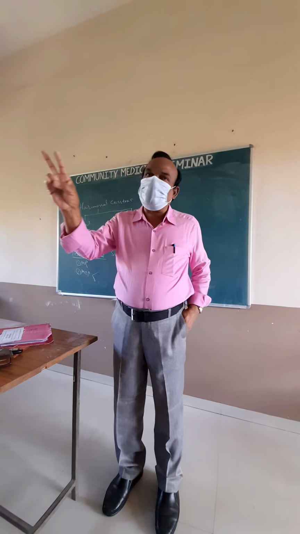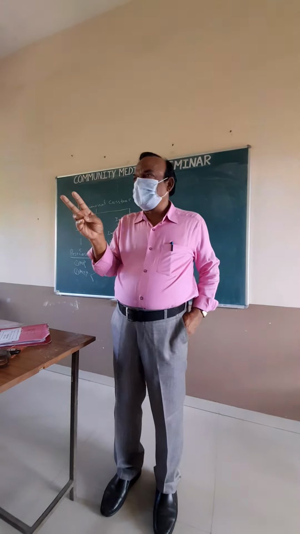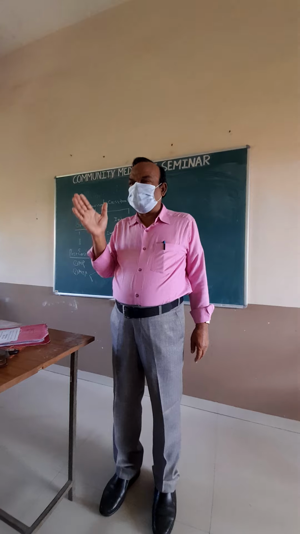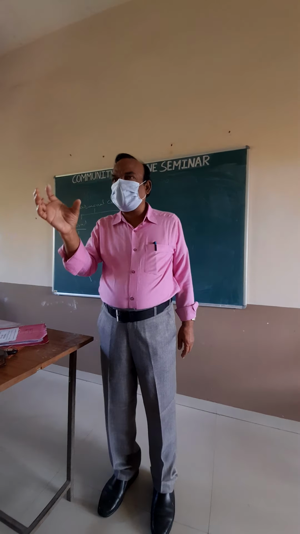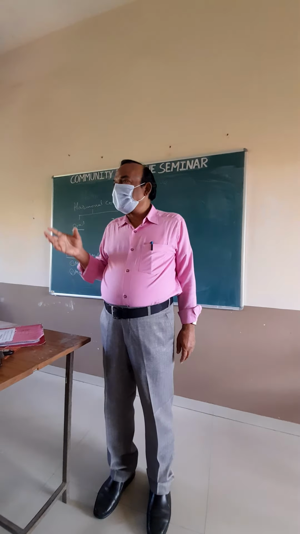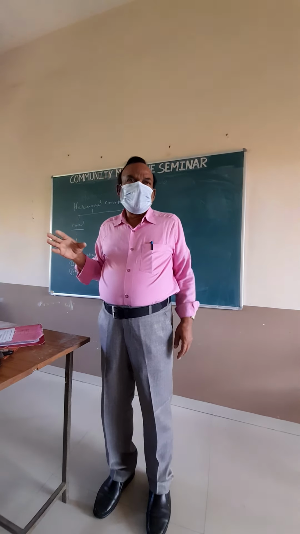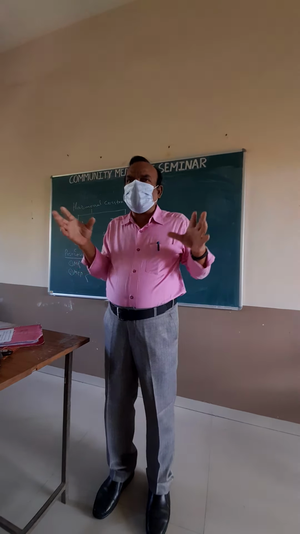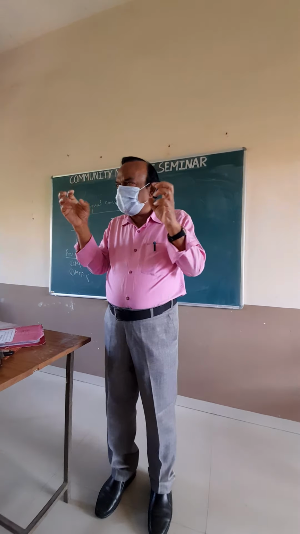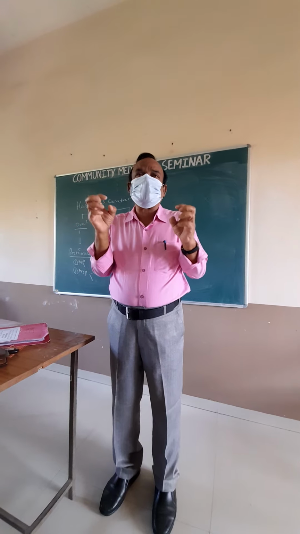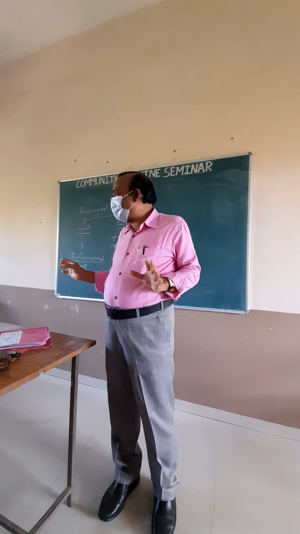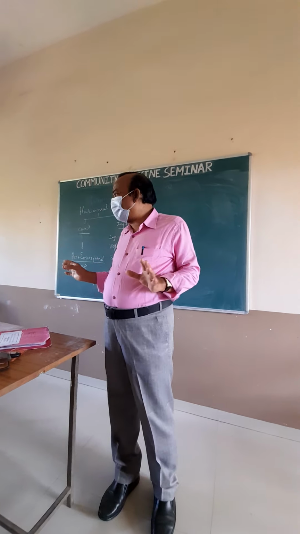There are two types of abortion. One is natural abortion, which occurs spontaneously because the uterus is unable to continue the pregnancy. So there occurs contraction of the uterine muscles, and the products of conception are expelled naturally. That is called natural abortion.